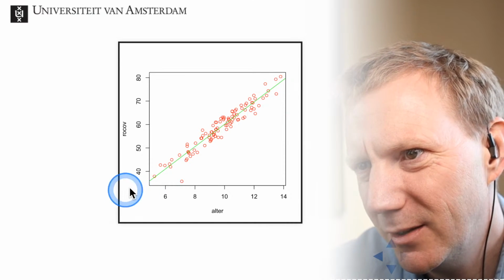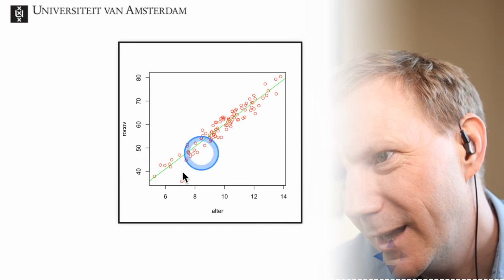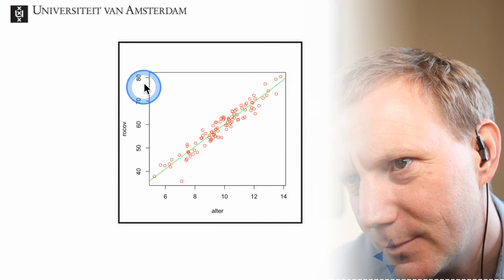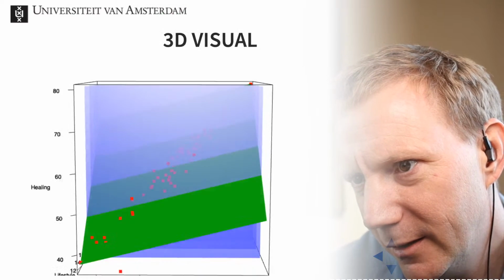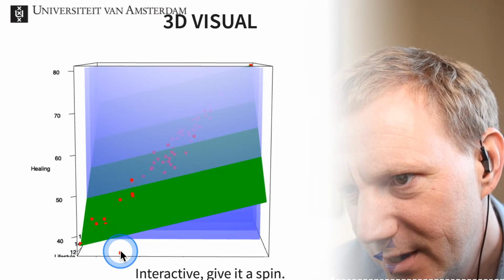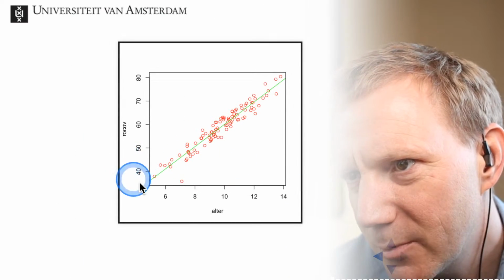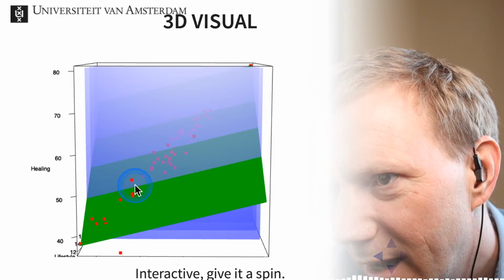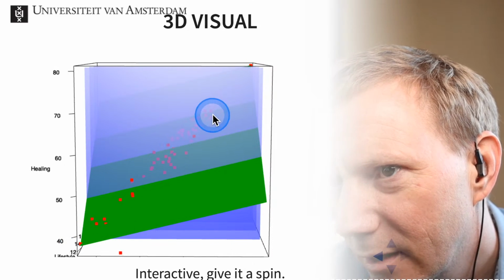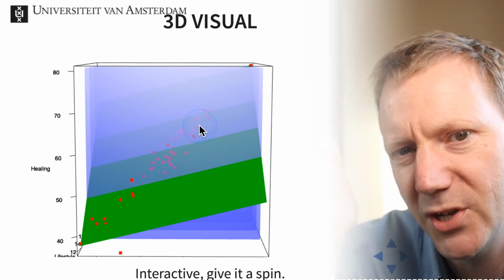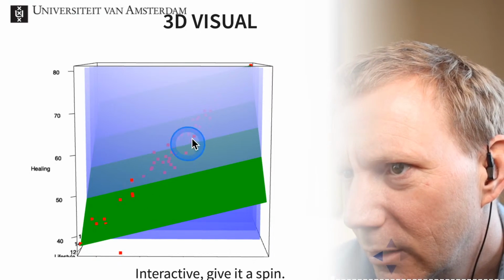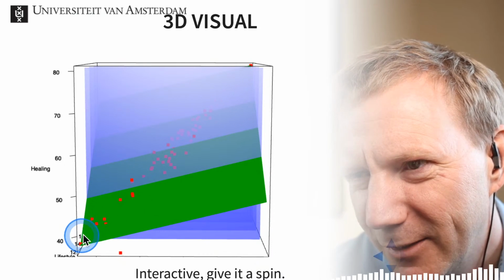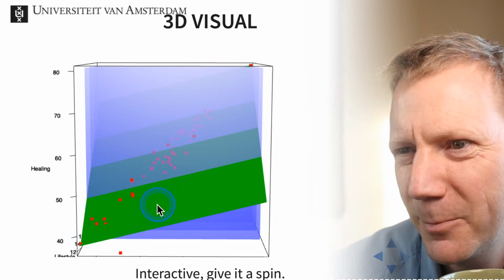You see these red dots, and they go up as the amount of alternative medicine goes up, then the speed of healing goes up. And here you see the red dots. You see this outlier, this is the same outlier as we have here. And you see that the red dots form quite a steep line going up. You see that? Okay, now I see it. Very good. It's important to see, so take your time.